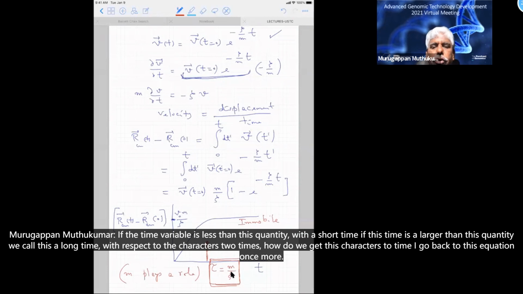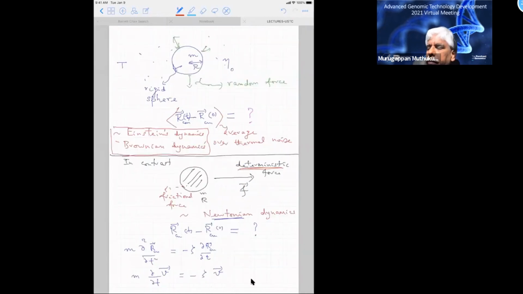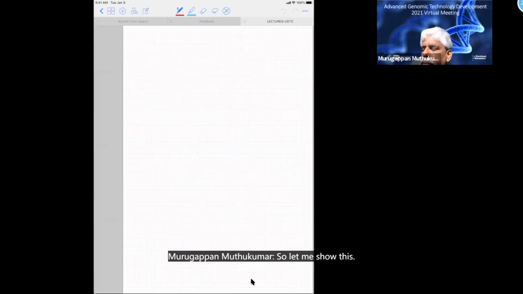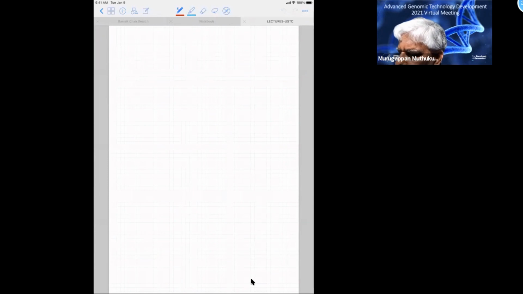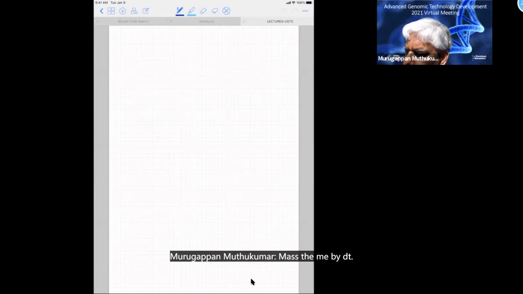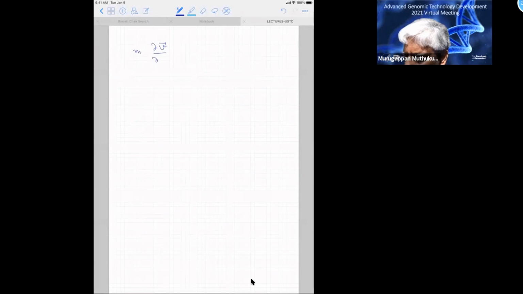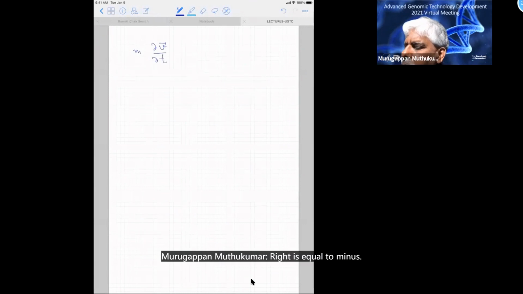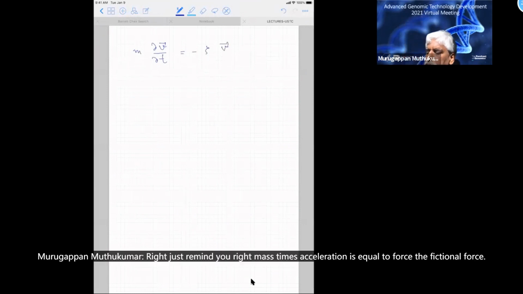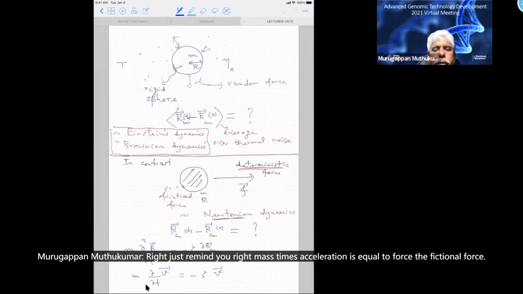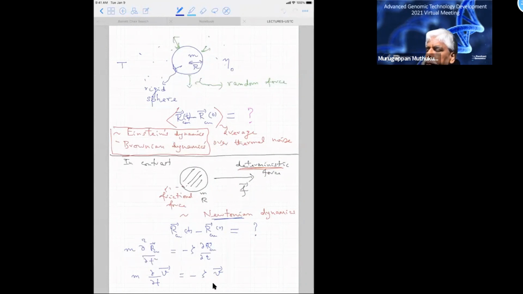I go back to this equation once more. So let me show this. Mass times dV by dt is equal to minus zeta v. Just to remind you, mass times acceleration is equal to force. It is a frictional force.